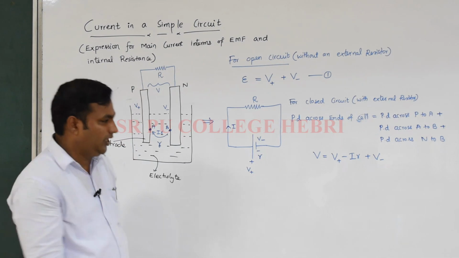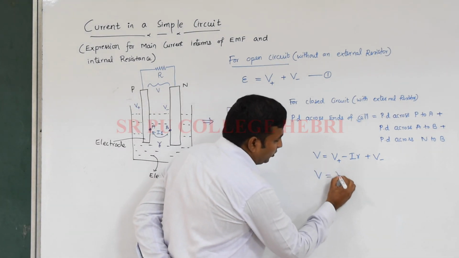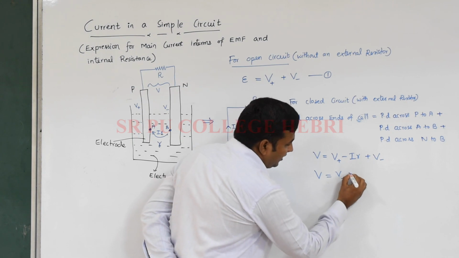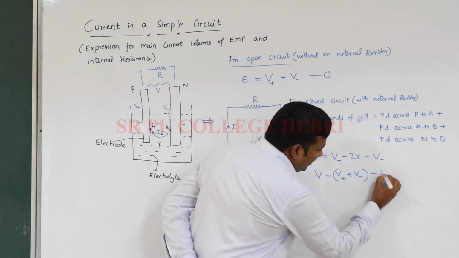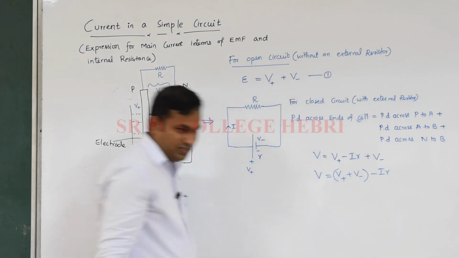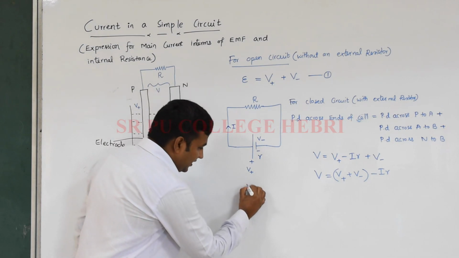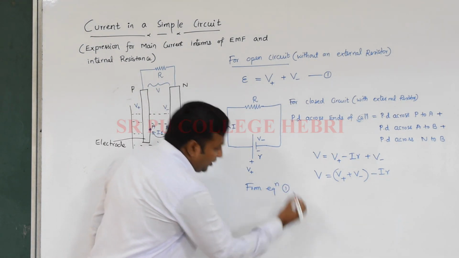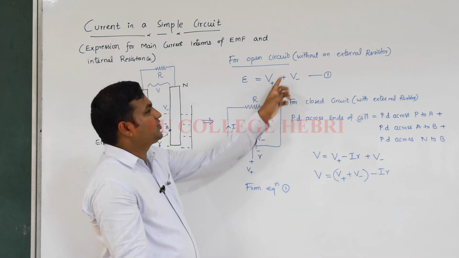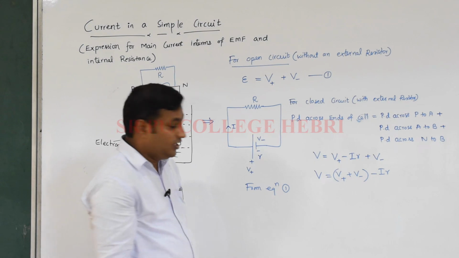Rearranging this equation, we got V is equal to V plus V minus taken together, minus I into r. Dear student, from equation 1, you have already seen that V plus V minus is equal to E itself, called EMF.